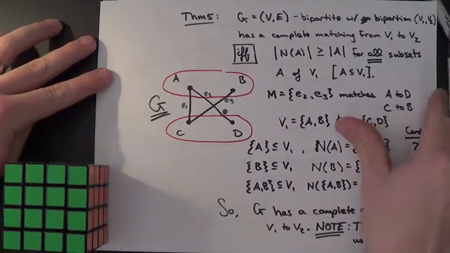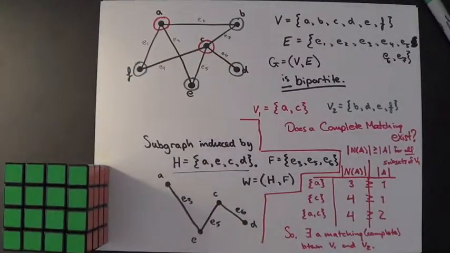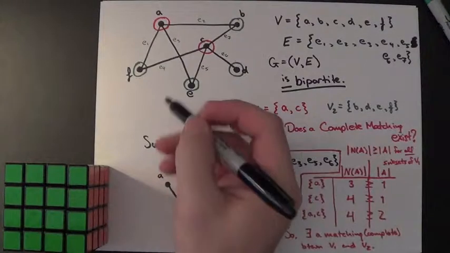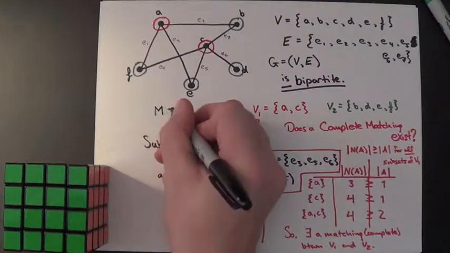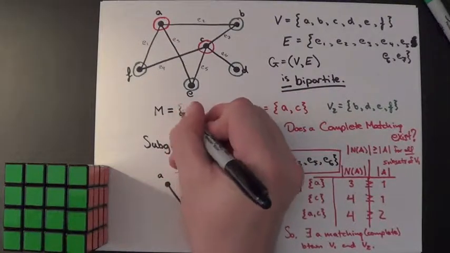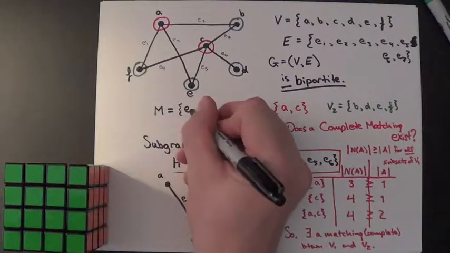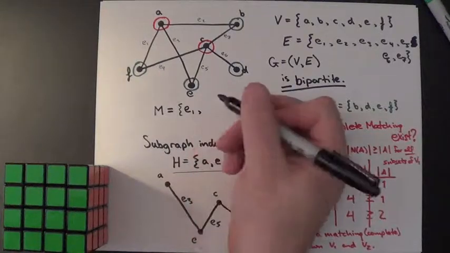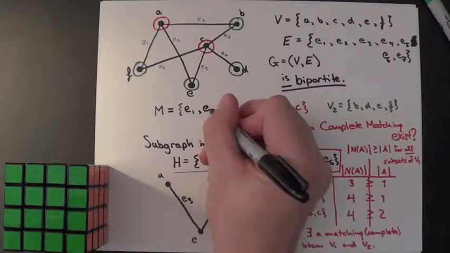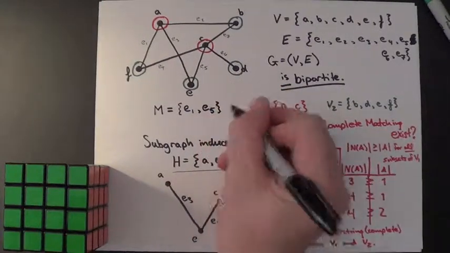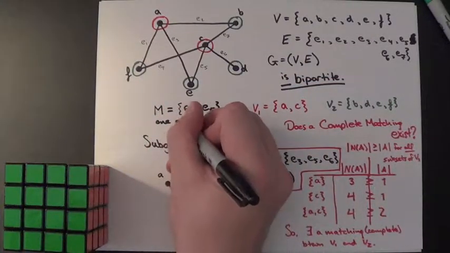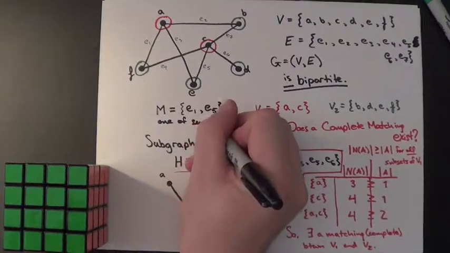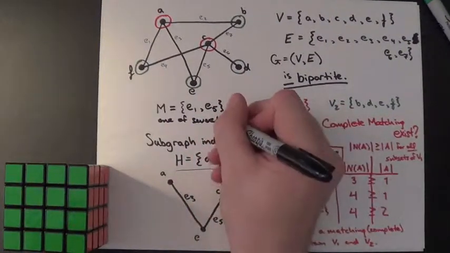Looking back at ours, it's a little bit more difficult to see how we can cross the partitions. There's several different options here, but one such option for M, which is a complete matching, is E1 and E5. This is one of several possibilities for a complete matching.